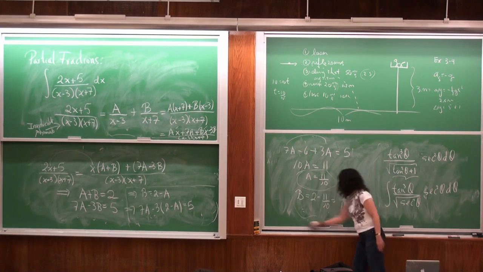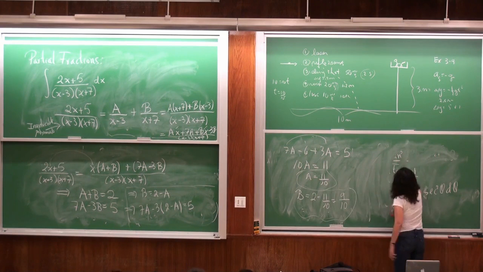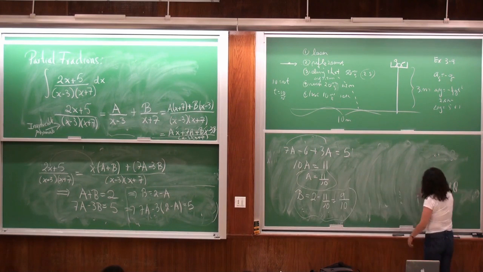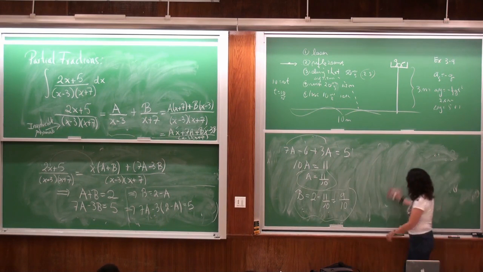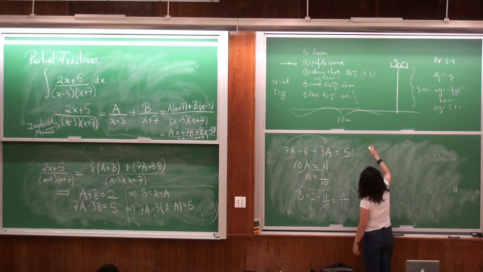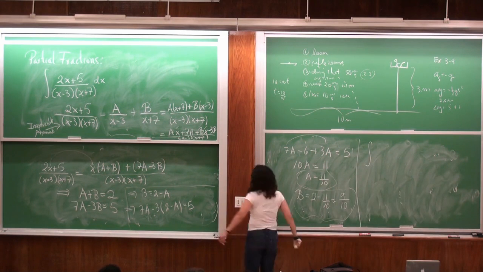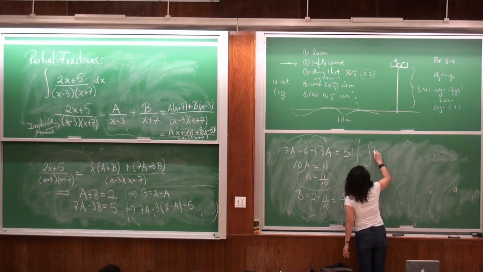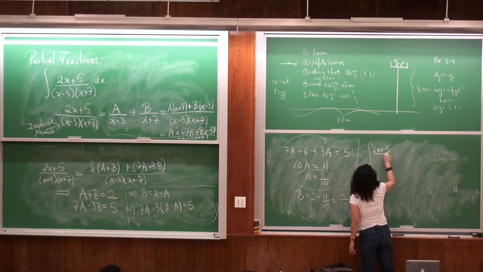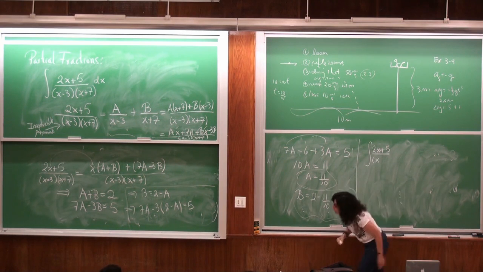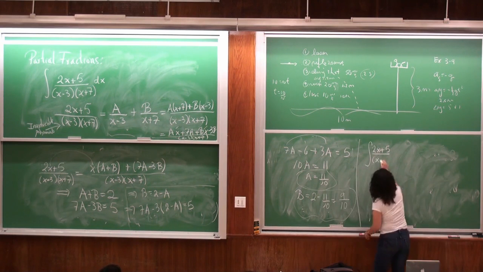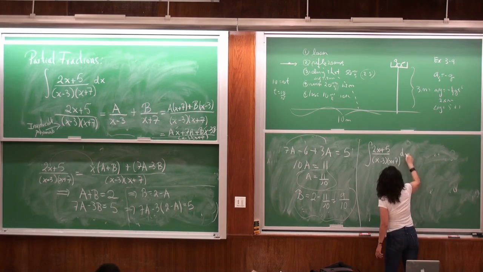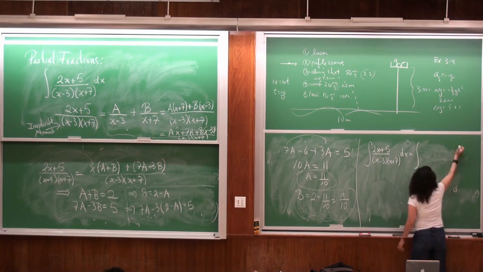Okay, so now everything is easy. My integral that looked like 2x plus 5 over x minus 3 times x plus 7 became two integrals.